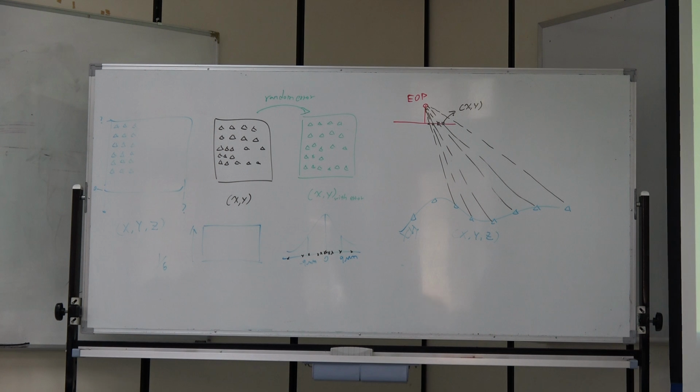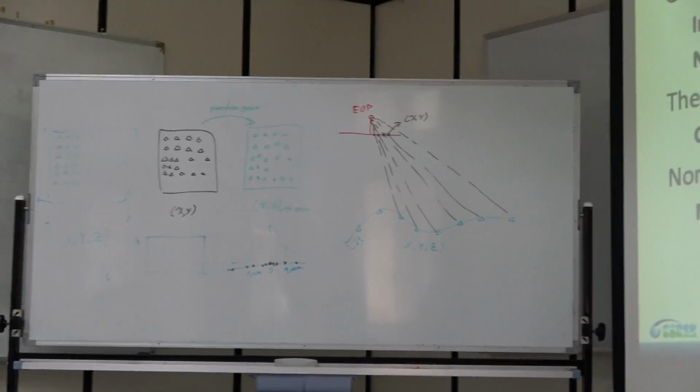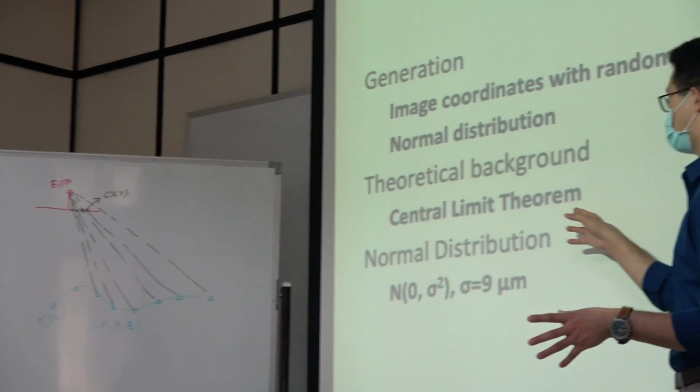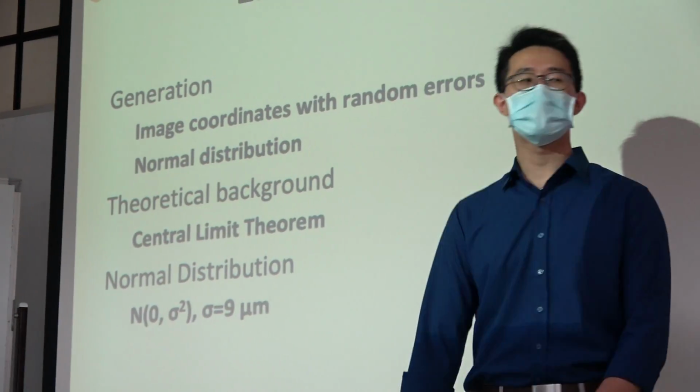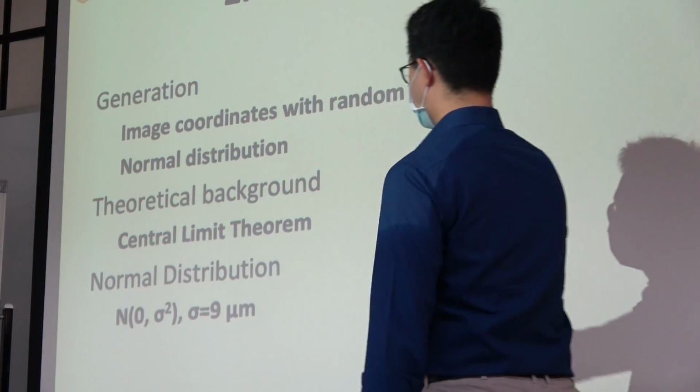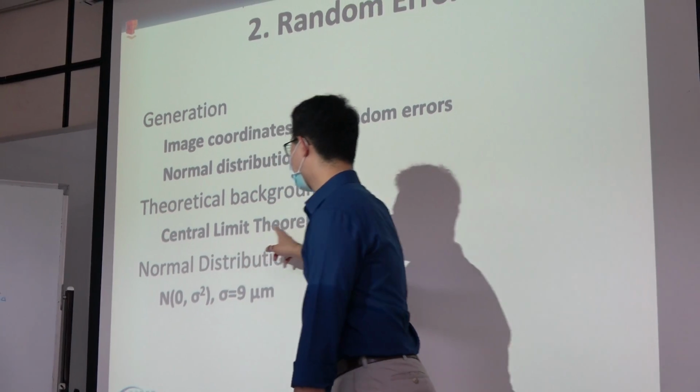So how do we use that type of random number generator to simulate the normal distribution? You can do that by following the central limit theorem.